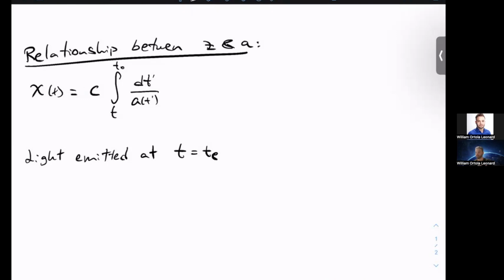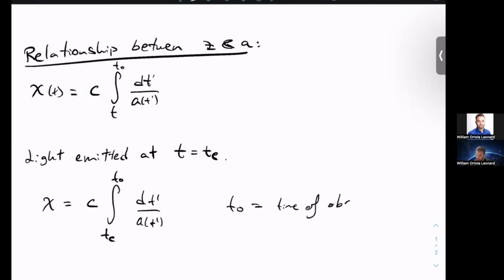So we observe it at a specific time t naught. So what we're going to have is that this conformal distance is going to be given by c, and then the integral from t_E, the time emitted, to the time of observation t naught, times dt prime over a(t prime), where t naught again is the time of observation.